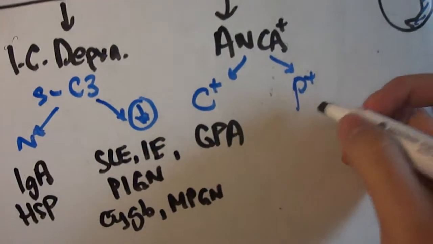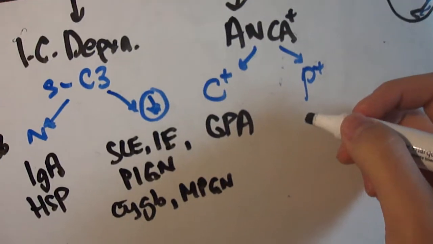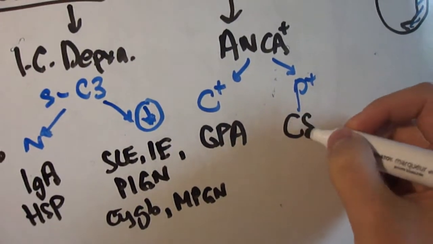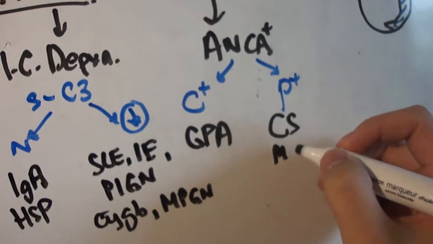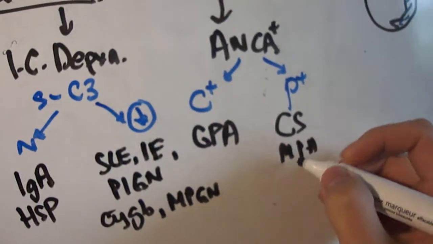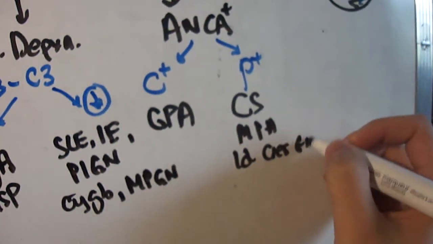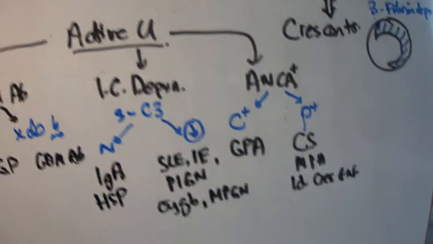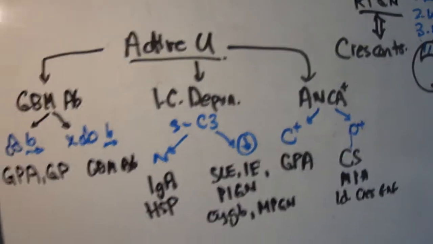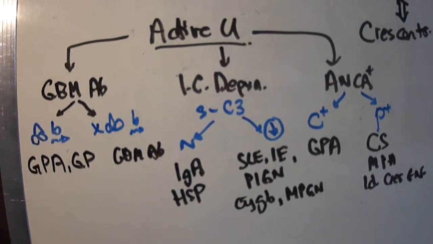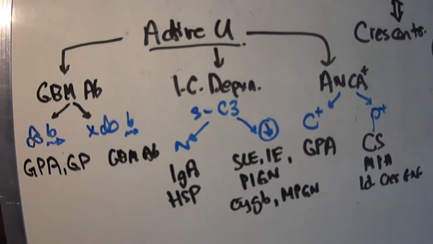The P ANCA positive ones are those that we don't really need to know too much about, and that's Churg-Strauss, microscopic polyangiitis, and idiopathic crescenteric glomerulonephritis. So that is the scheme for active urine, and there's a very good reason why we went through this.